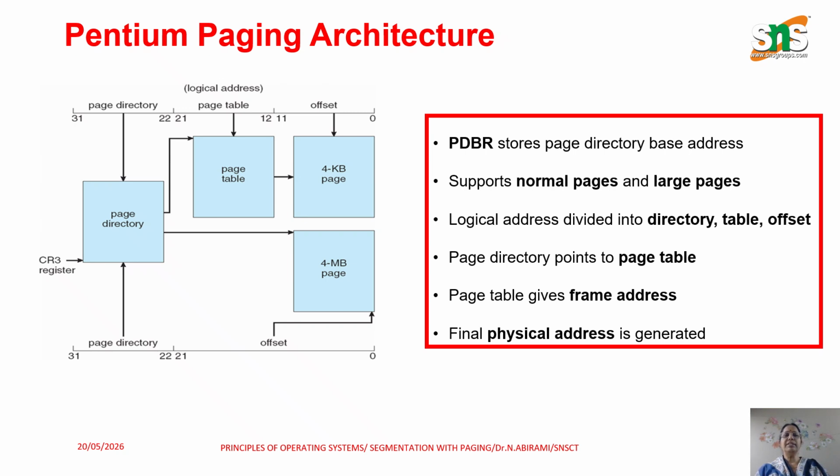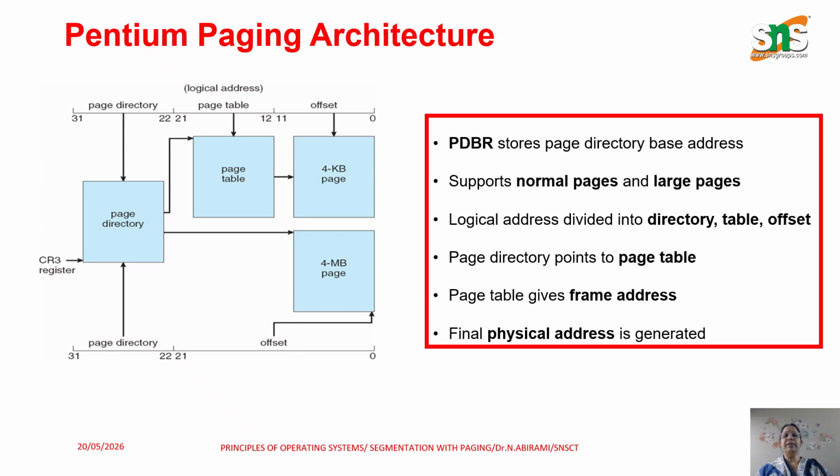The CR3 register, the page directory base register in x86, holds the physical base address of the page directory, which is the top-level paging structure.